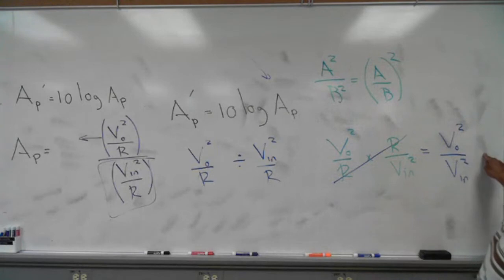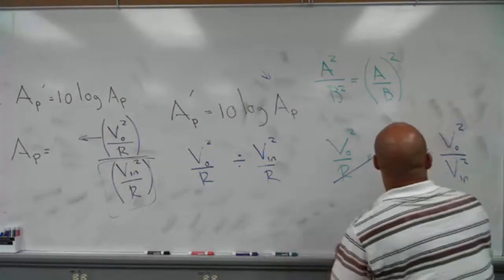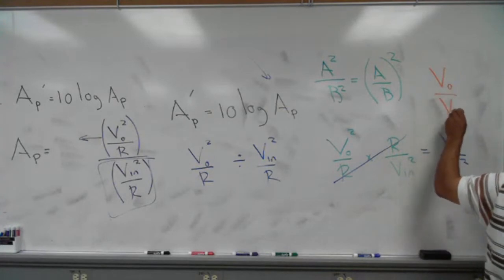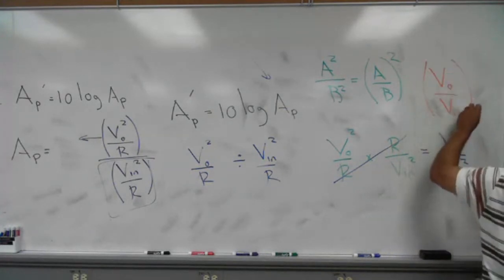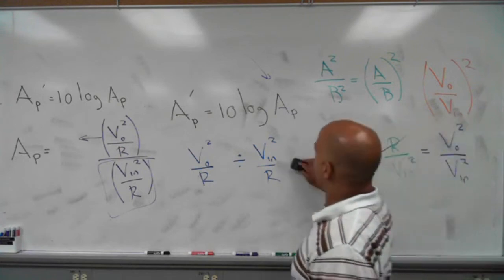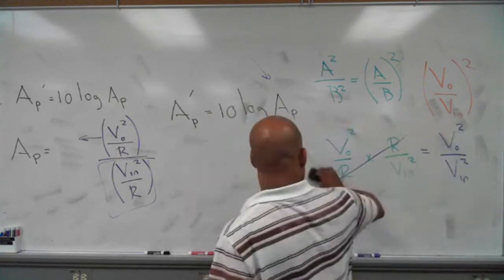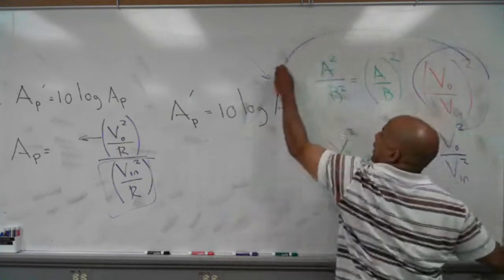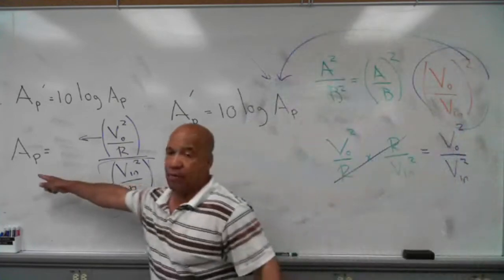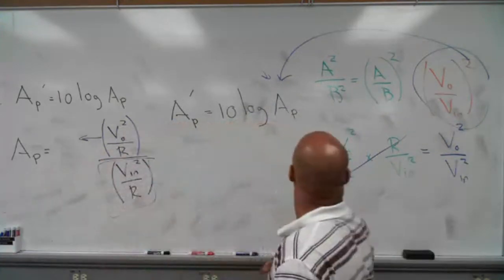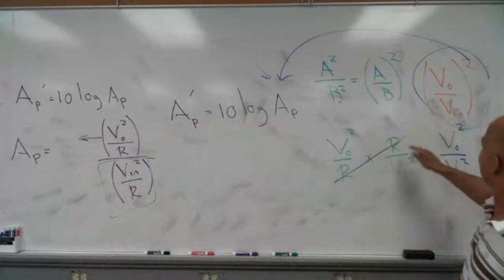So if I apply that here, I can take the output voltage divided by the input voltage and raise that whole thing to the second power. Then I can come back over here, because we started out with this AP thing, remember? We did some fussing around with the math, and that boiled down to this right here.